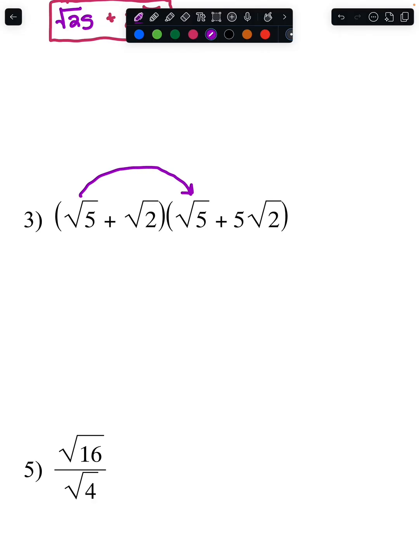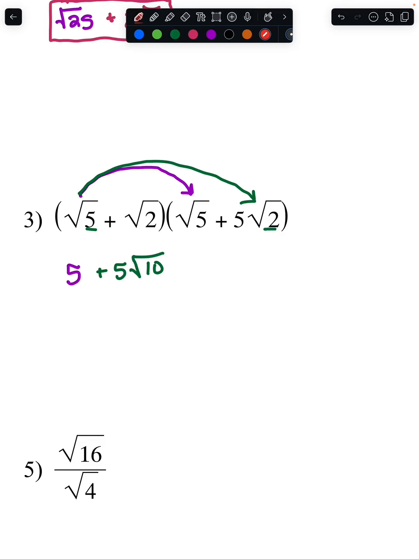Square root of 5 times the square root of 5 is just 5. Okay? Because that would end up being square root of 25, which is 5. That's that first number. And then square root of 5 times 5 square root of 2 is going to be plus 5 square root of 10, because that 5 times that 2, and then the 5 is just on the outside.